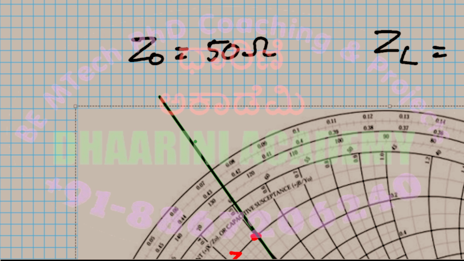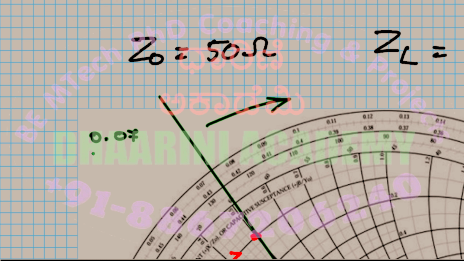So I have to rotate clockwise because I want to move towards the generator and add 0.1 to this. The value given is 0.07. So add 0.1 to that. I think I made a mistake. I need to add 0.1 lambda, correct?